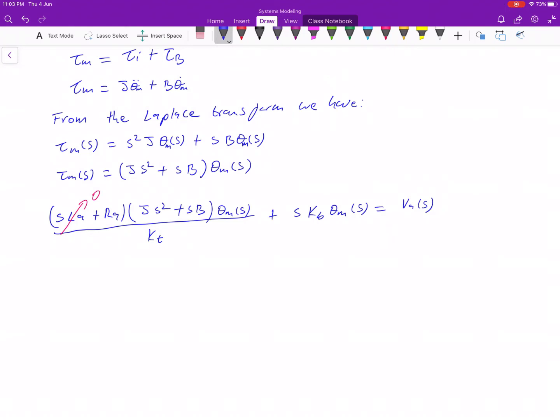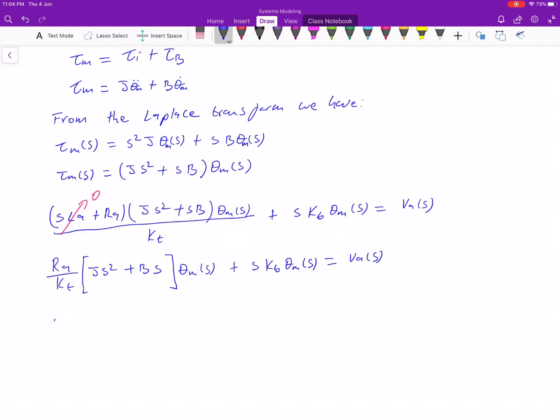Then we can rewrite this equation, factoring out RA over KT, times which is equal to the applied voltage. We can factor out as well the displacement, theta m, out of the equation and rewrite it again.